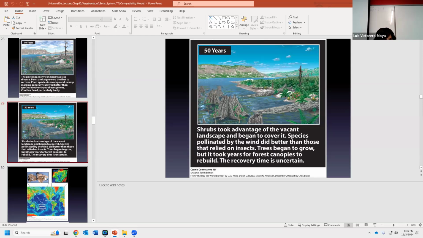If you ask a botanist or a paleontologist about the landscape of the Earth 70 million years ago, they will tell you how different it was from what it is right now. Again, because the atmosphere and the geology of the Earth changed because of this event.